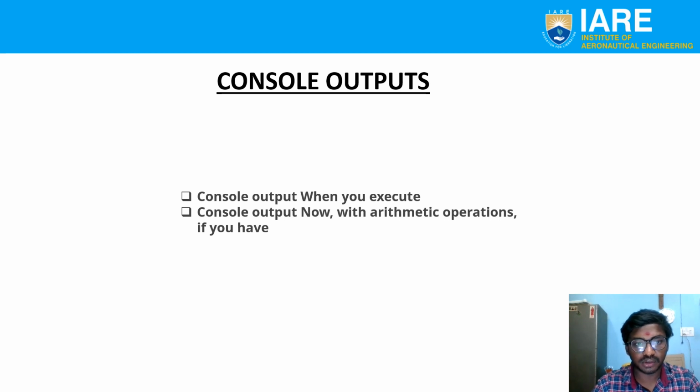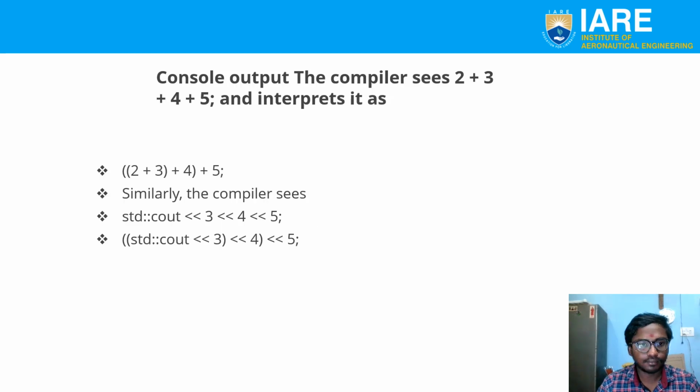Console output. When you execute console output with arithmetic operations, the compiler sees 2 plus 3 plus 4 plus 5 and interprets it as 2 plus 3, and plus 4, and plus 5.